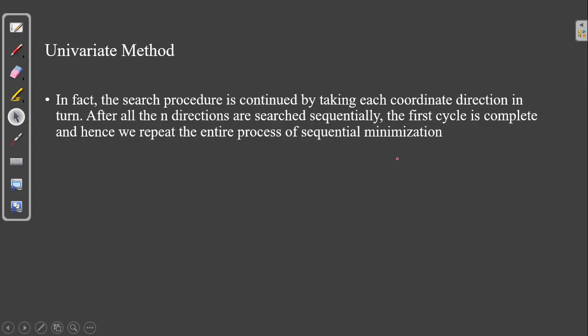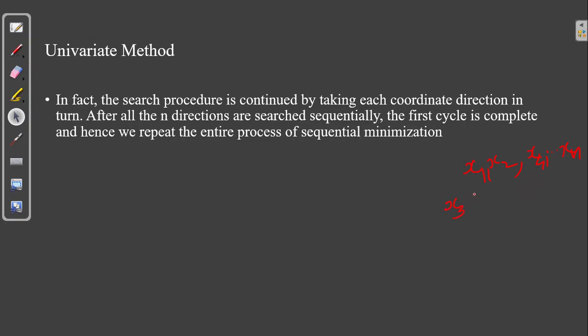In the next step, the search procedure is continued by taking each coordinate direction in turn. That means in the next step we will fix the values of x1, x2, x4, etc. xn, and then we will vary x3.